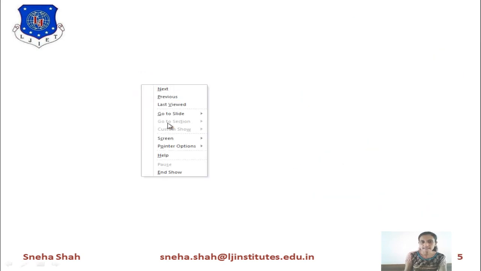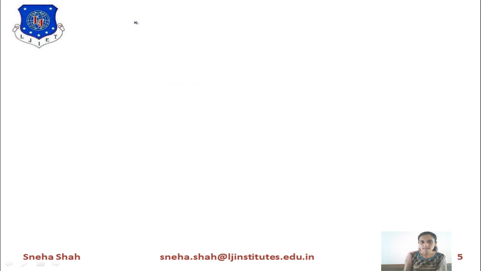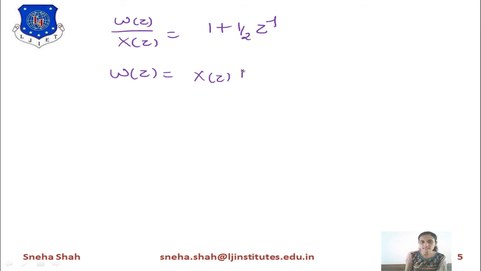We will write like this: W(z) upon X(z) equals 1 plus 1 by 2 z inverse. Now if I simplify this term, it will give you W(z) equals 1 into X(z), meaning X(z), plus 1 by 2 z inverse into X(z). This term will multiply with both terms, so it will give you the answer like this.